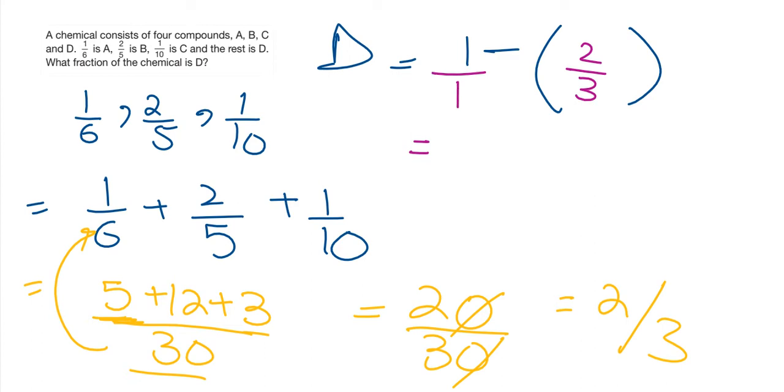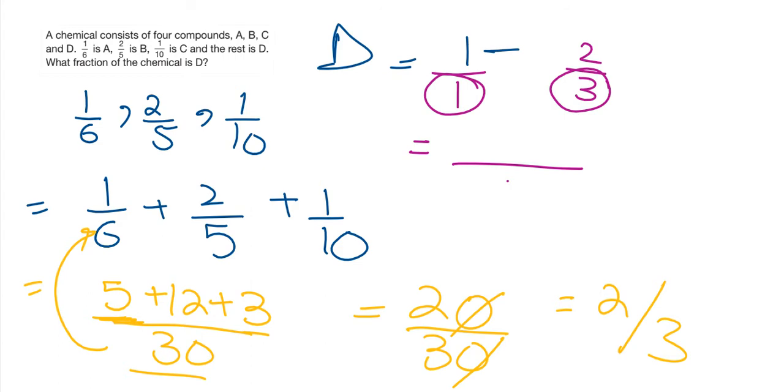Again, we have 1 in the fraction whenever we don't have any value in the denominator. Again, you can see that we do have prime values, so we can easily take out the LCM this way. 3 divided by 1, 3, and again 3. Alright. 1 and 2, alright. 1 by 3. So the fraction value of D is 1 by 3.